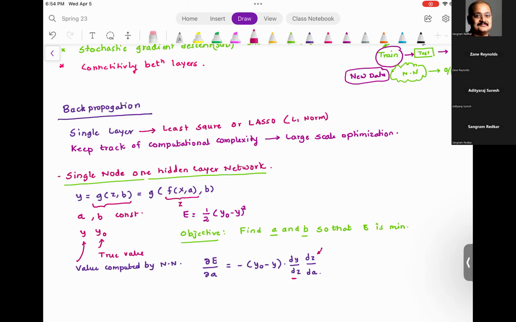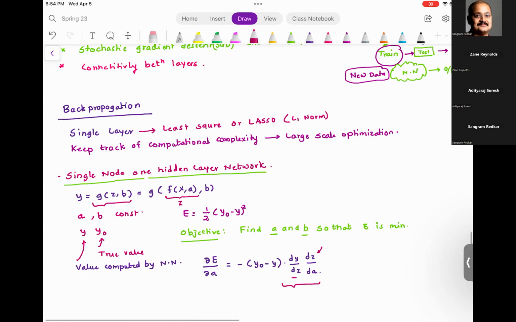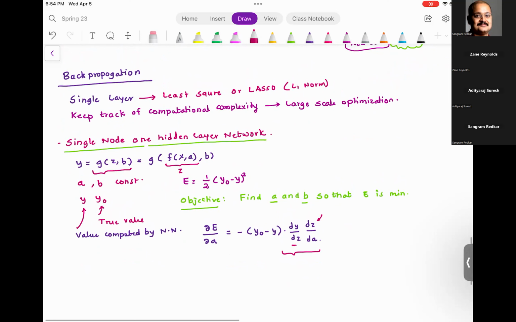It is important to note that this derivative comprises the chain rule.